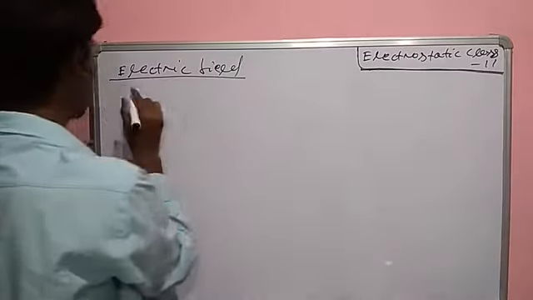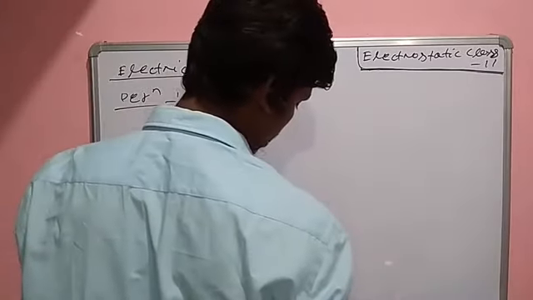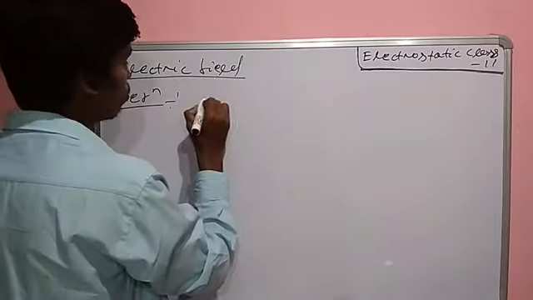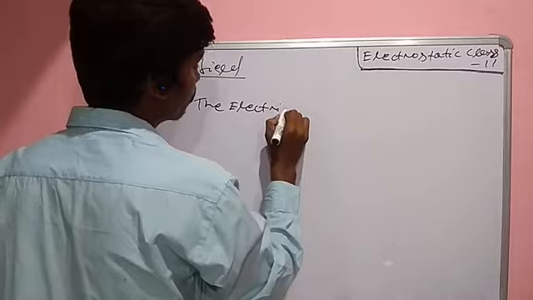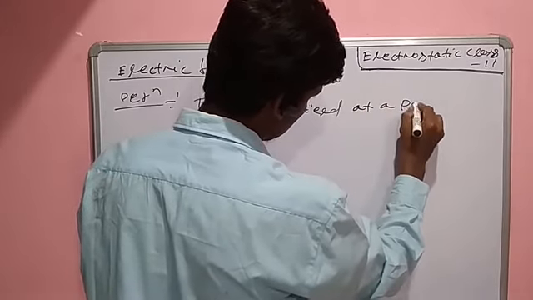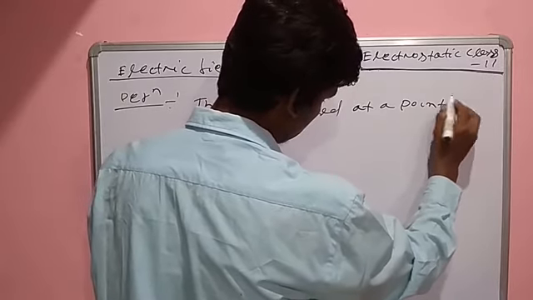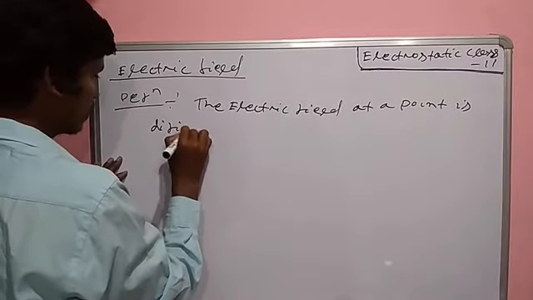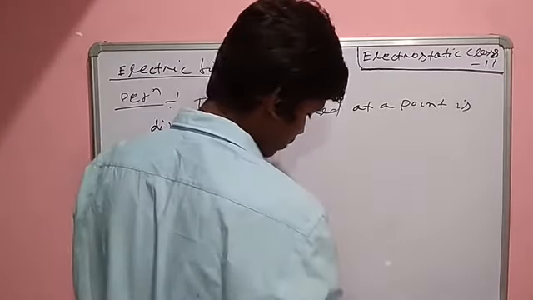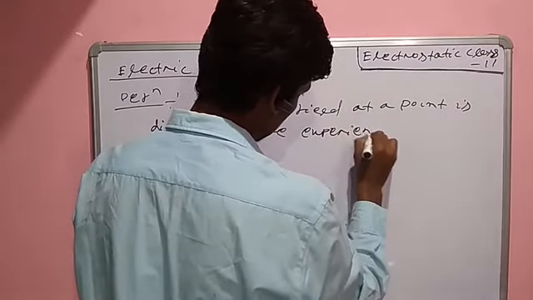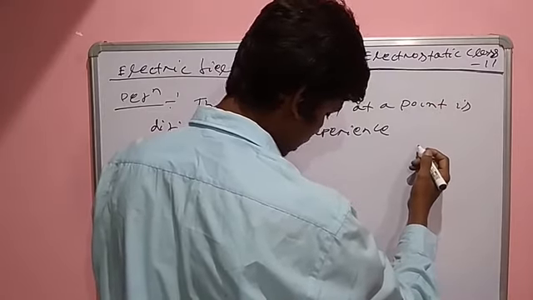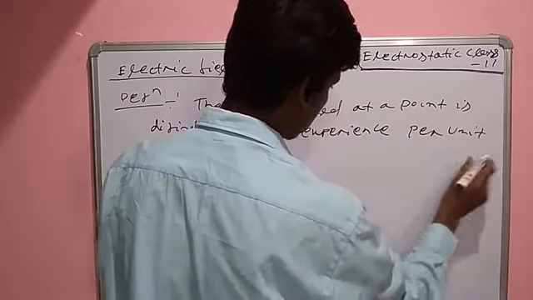So we can write the definition of electric field. What is the definition of electric field? It is also called electric field strength, and we can say electric field intensity. Listen: the electric field at a point is defined as the force experienced by a unit test charge.